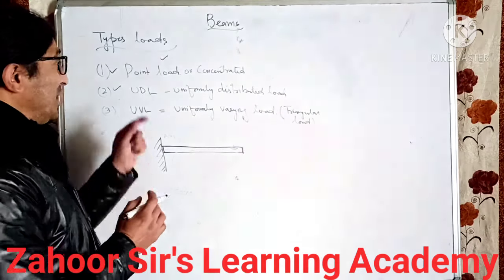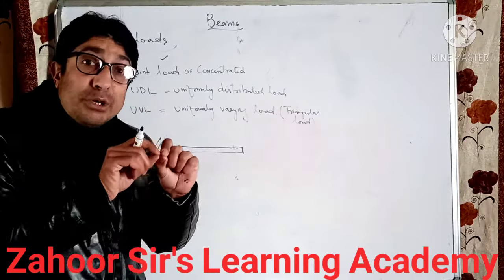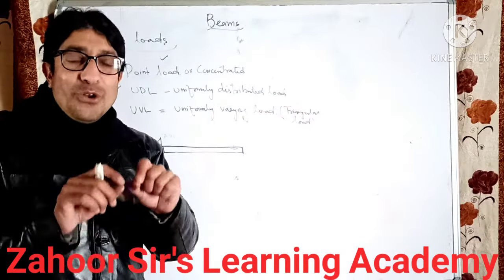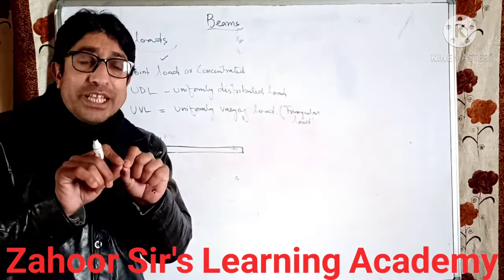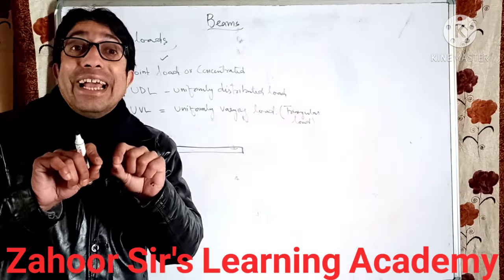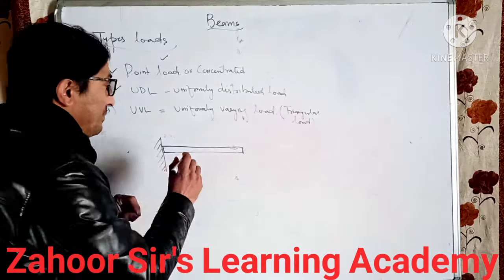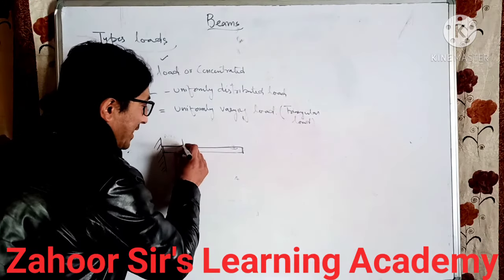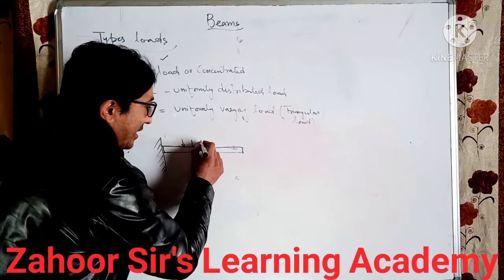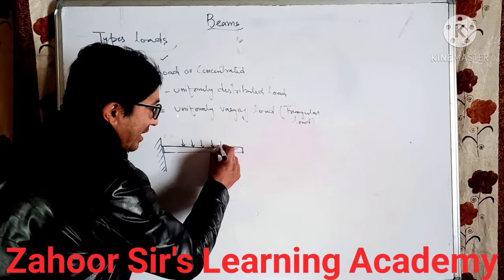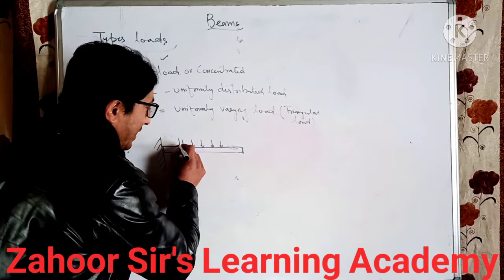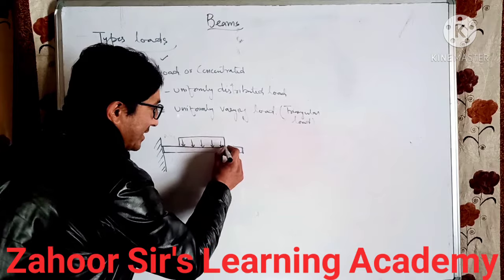Now the load is uniformly distributed. When a load is uniformly distributed, that means it is spread over the area of the beam, over the cross section of the beam. It is being represented like this. How can we distinguish it? Yes, now it gets distinct.